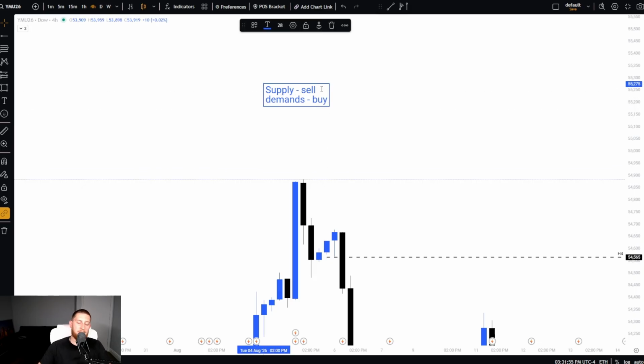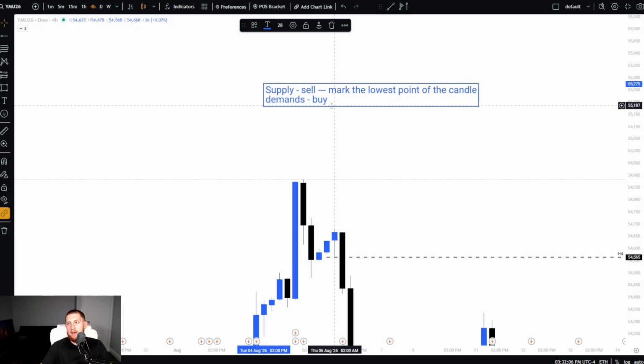Now, another thing, from supply levels, you mark the lowest point of the candle, okay? And from demand levels, you mark the highest point of the candle.